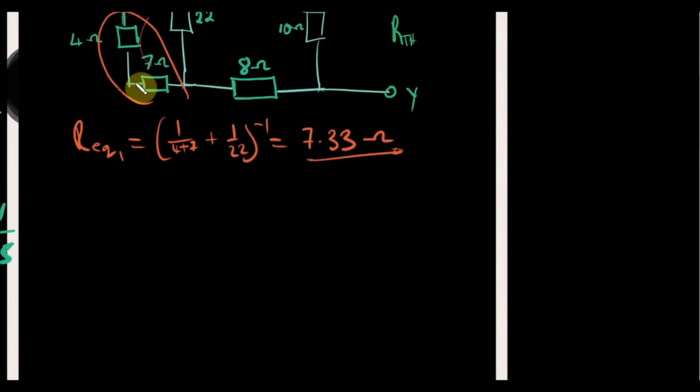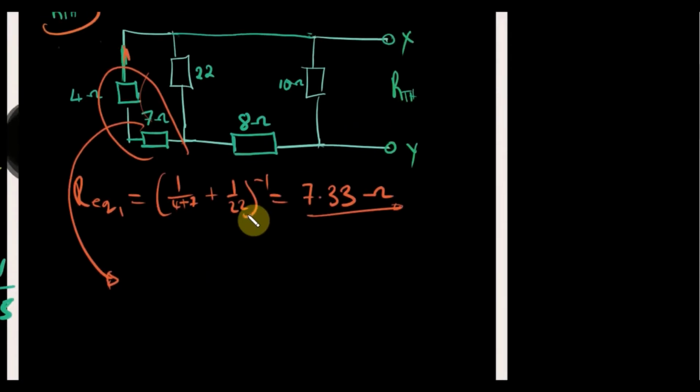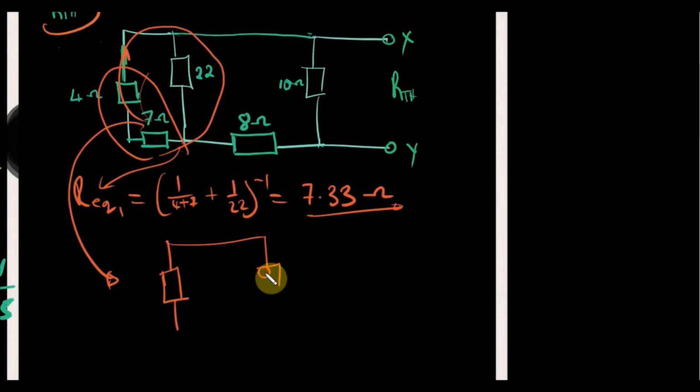Okay. From there I can then draw the equivalent circuit. These two are combined into R equivalent, which is this one. So it will just be a single resistor that will represent them. It's 10 ohm. This is my 8 ohm. 7.33. 10 ohms.